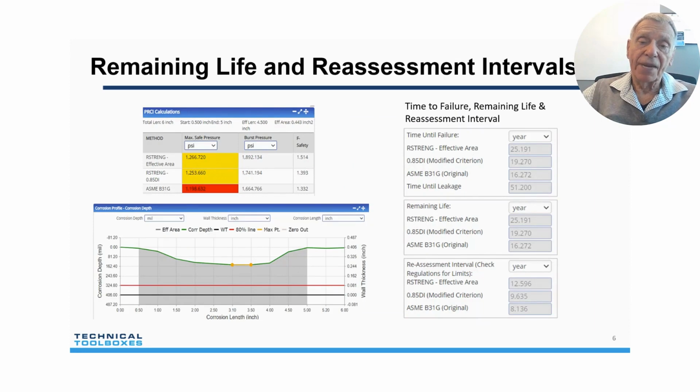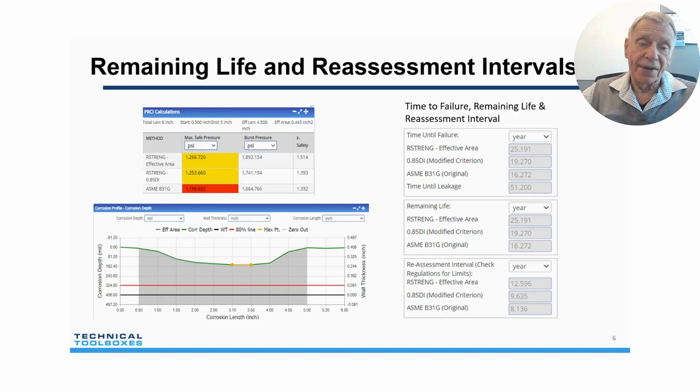We also have remaining life reassessment intervals and also corrosion identification of metal loss per year. As you can see in the PRCI calculations, the RSTRENG level 2 is the one that has the maximum safe pressure that's the highest.